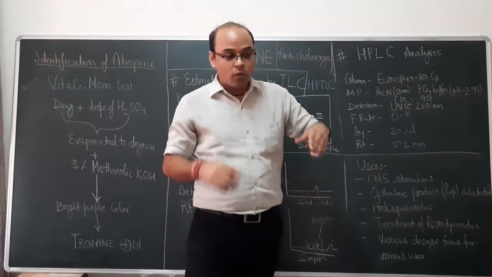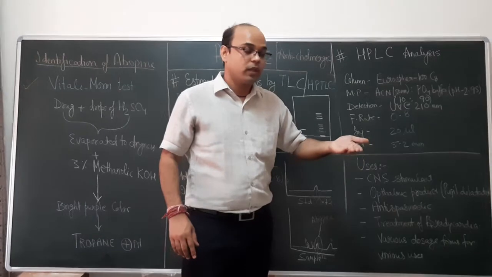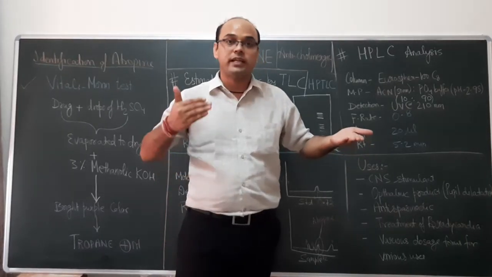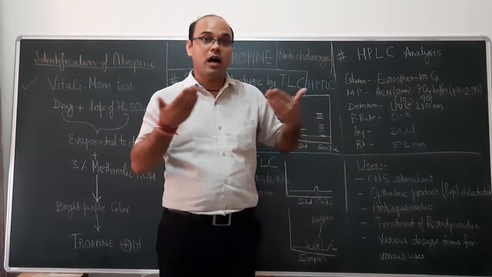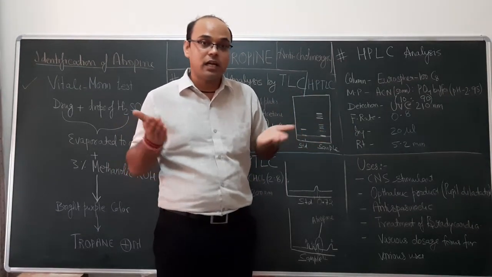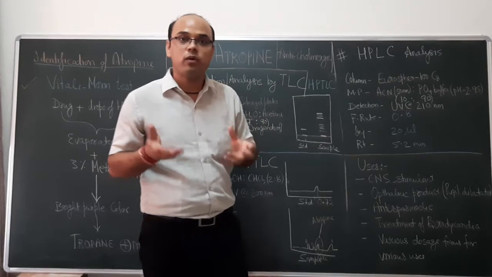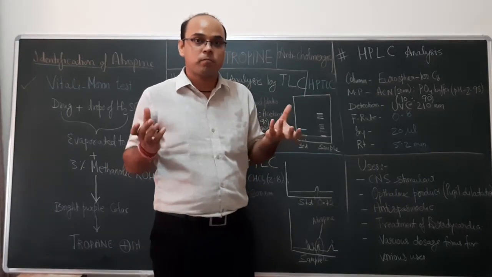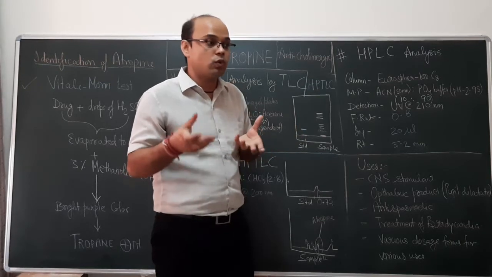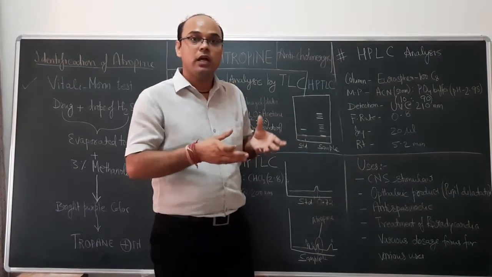So one side it is causing the excitation of central nervous system, and another side it is depressing the heart rate. So this is the unique property of phytoconstants, that they act in various ways to maintain the health of the human beings.